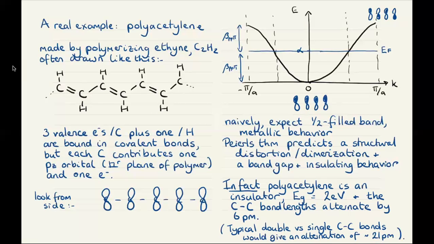So polyacetylene then is a nice example of an almost quasi one-dimensional system that shows the physics of a Peierls distortion.